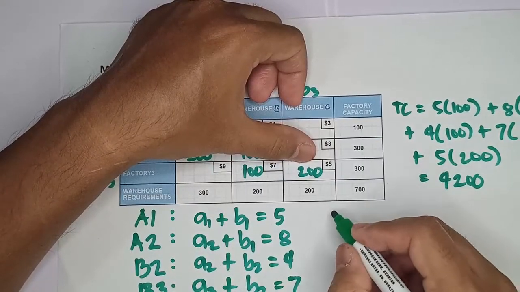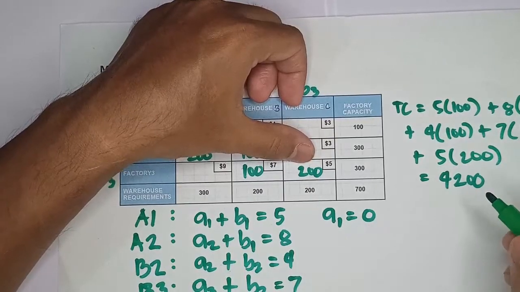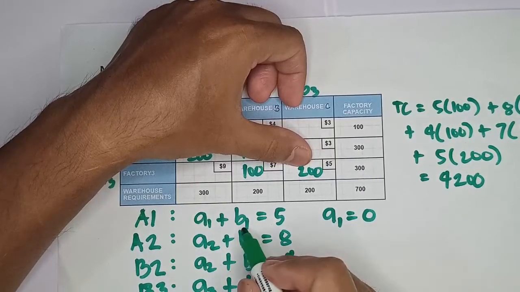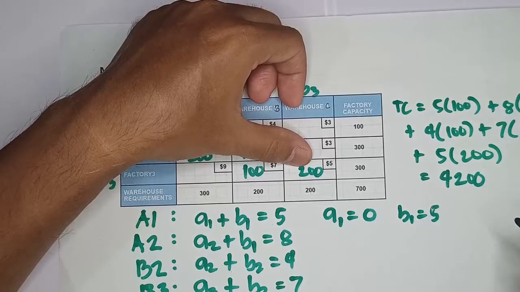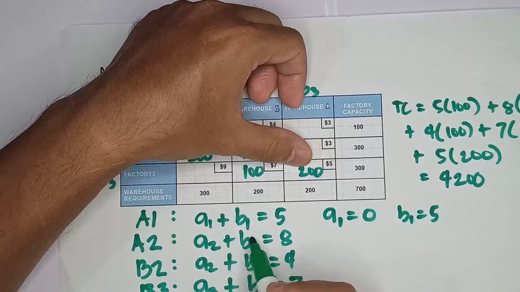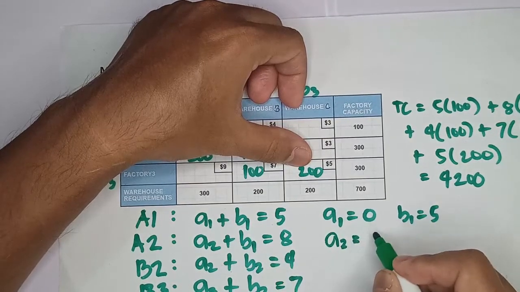And then let's start with the value of A1 equal to 0. So if A1 is equal to 0, then B1 is equal to 5. Then if B1 is equal to 5, A2 is equal to 3.